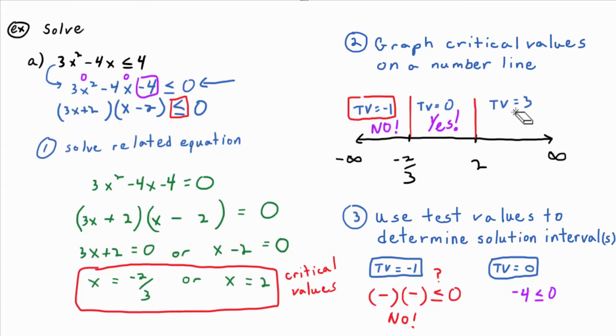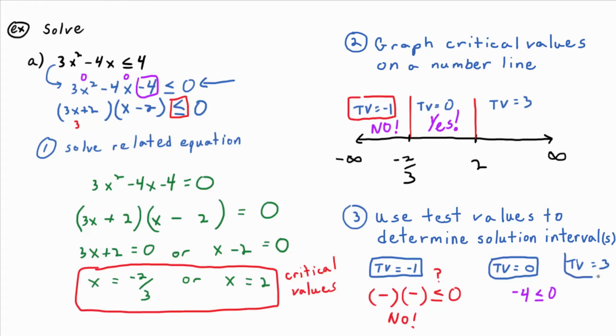If your test value is non-zero, plug the 3 in right here. You just need to know whether or not it's positive. 3 times 3 plus 2, is that positive or negative? Positive. A test value of 3, we'll plug it in right there.